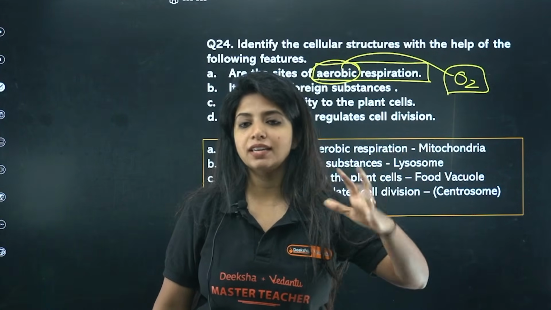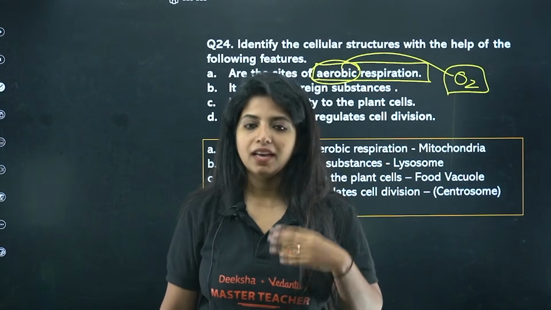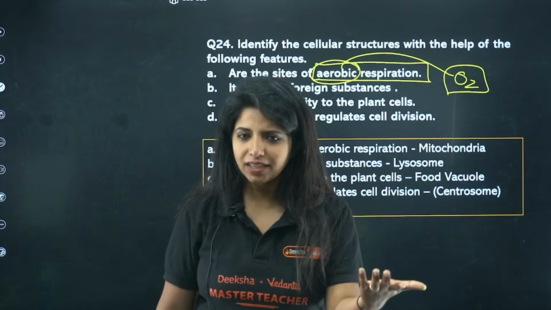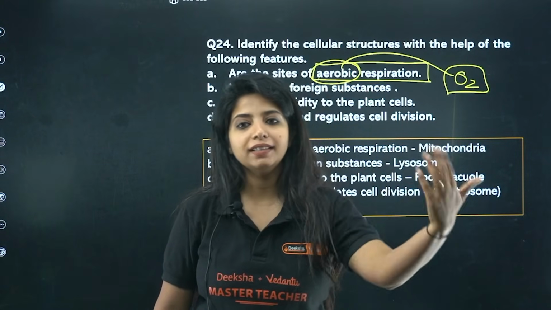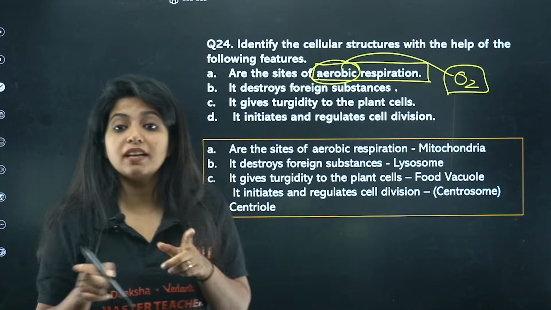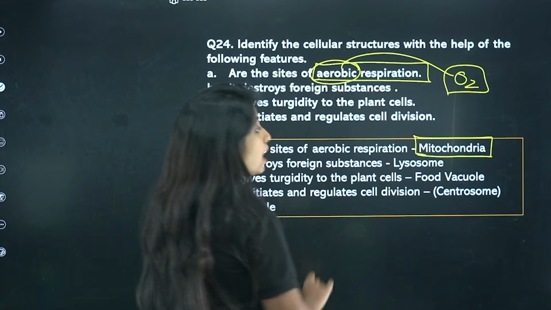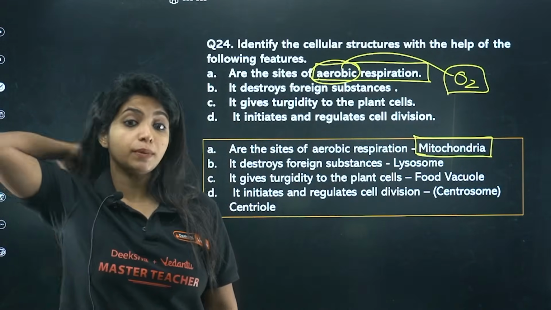The Krebs cycle, that is the TCA cycle, and everything will be happening up there. At the end you get the energy form. That is how it usually goes. But anyway, what is the place where aerobic respiration is going to happen? Exclusively in the mitochondria. If you're asked about anaerobic respiration, then it would have been cytoplasm.